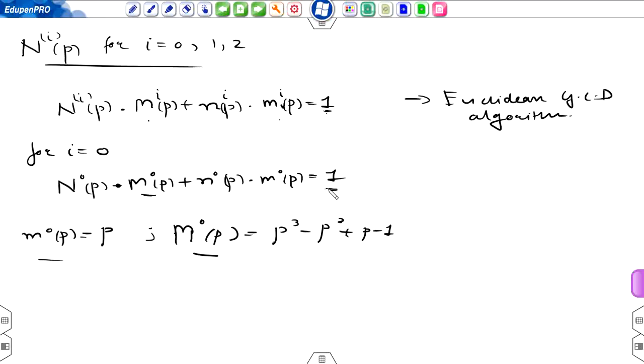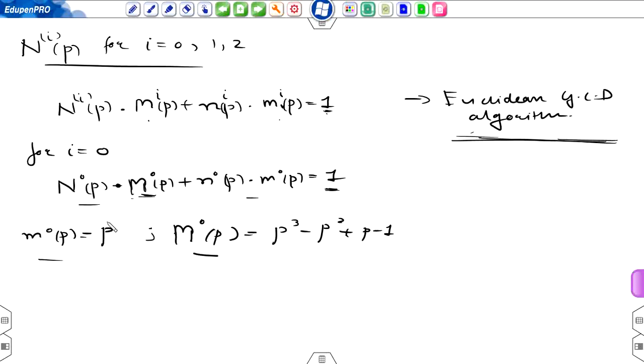Okay, and at this point I am not going to discuss the Euclidean GCD algorithm in detail. What are the main steps to evaluate N i(p), that I will cover here. You can study in detail how, if two numbers are given and their GCD is known, it can be represented in this form.